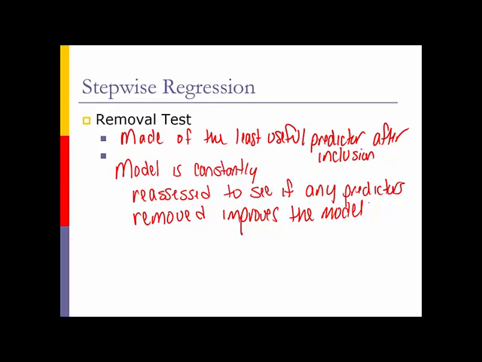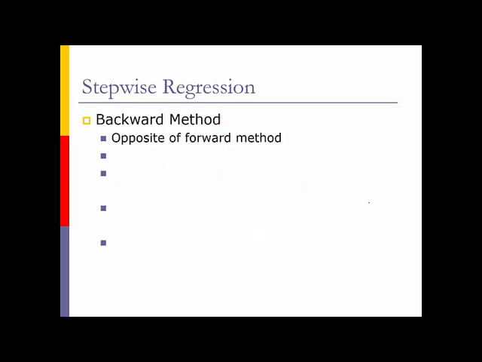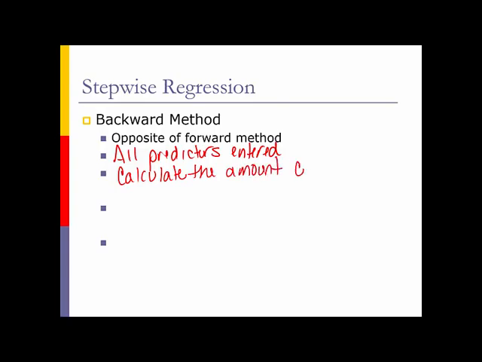Now there's the next method, the backward method. Obviously it is the opposite of the forward method. So what does that mean? We start with a model that has all of the predictors entered into it. And then the computer is going to calculate the contribution by each predictor.